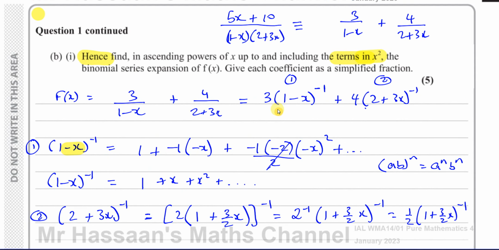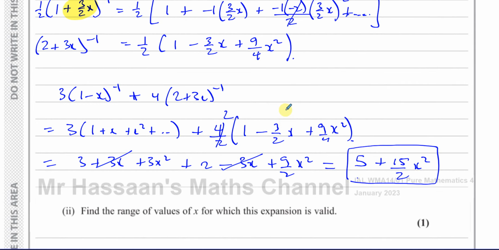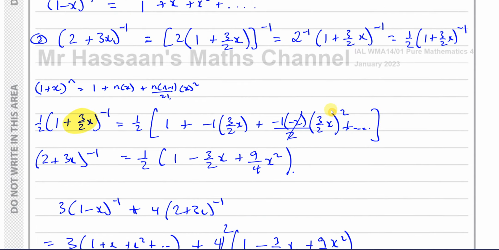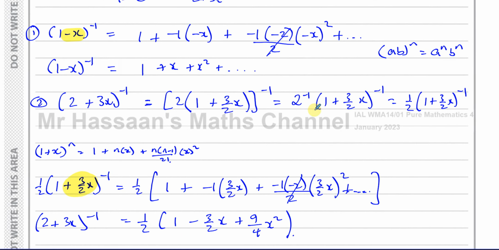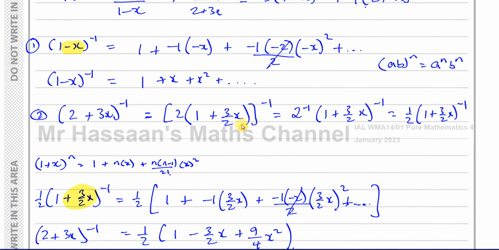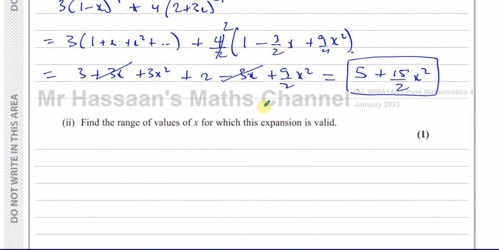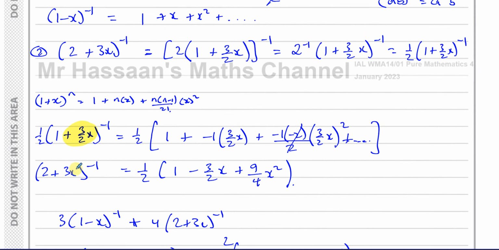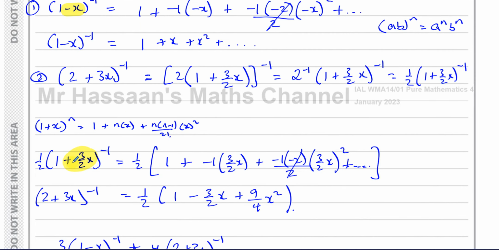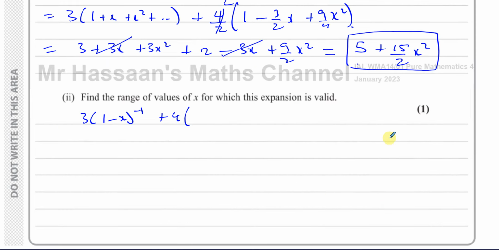And the next part of the question says, find the range of values of x for which the expansion is valid. So what I'm going to do is take it in the forms that I've written over here, and you'll see why in a minute. We have 3 times (1 minus x) to the power of minus 1, plus 4 times, and I'll write it as 2 times (1 plus 3 over 2 x) to the power of minus 1.